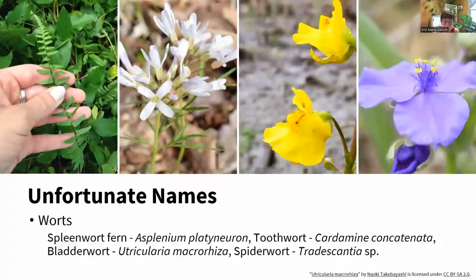So in a lot of cases, these plants either looked like a different part of the body, or they were used medicinally to help heal that part of the body. Sometimes you just don't really know why it's named that, like in the case of spiderwort up here on the screen. But just to give some examples, we have spleenwort fern, toothwort, bladderwort, and then spiderwort. So you can guess perhaps what these plants were used for medicinally based on the name.